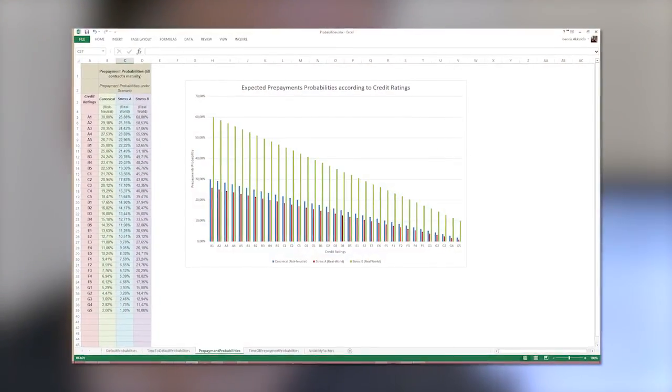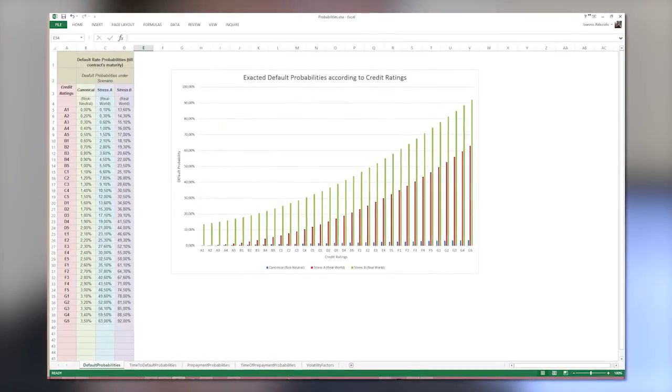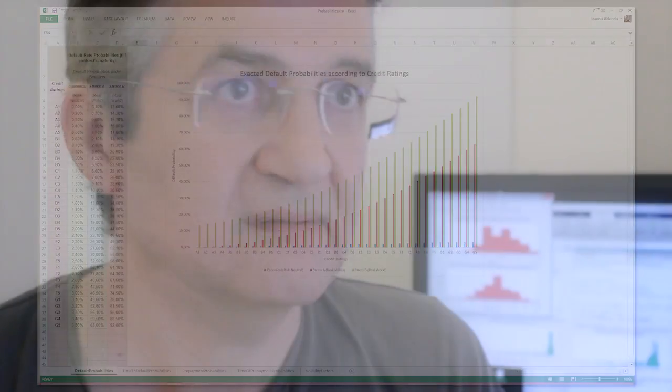The reality is that some counterparties do prepay, and some of the counterparties will default, which means that we need to consider this real-world probability in our analytics and calculate what is the expected income and what are the expected cash flows under, again, normal conditions, under canonical conditions, which will contain the probability of prepayments as well as some default events.